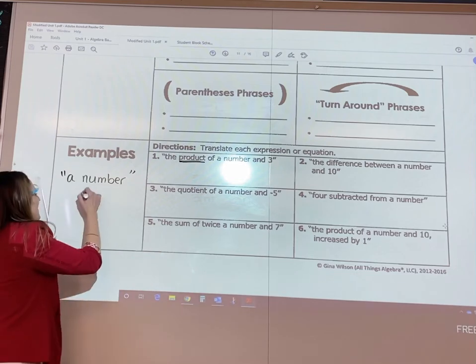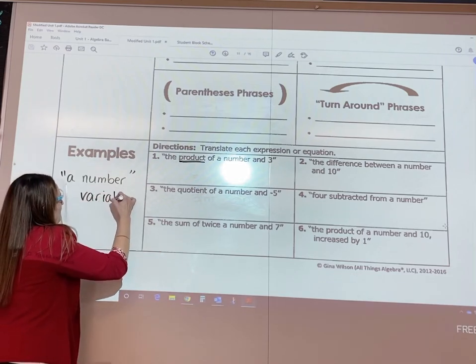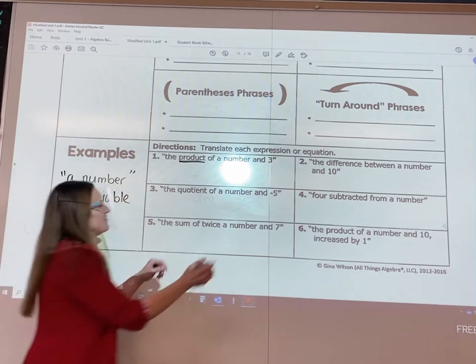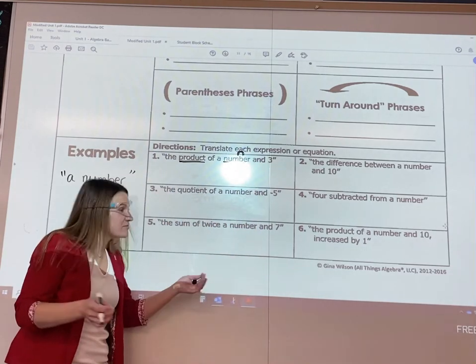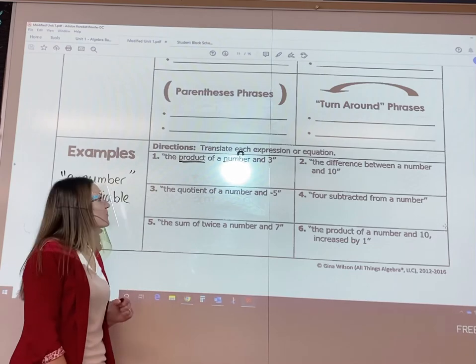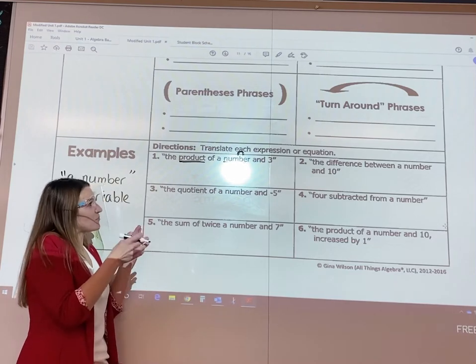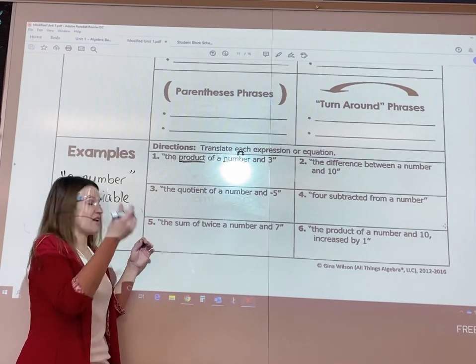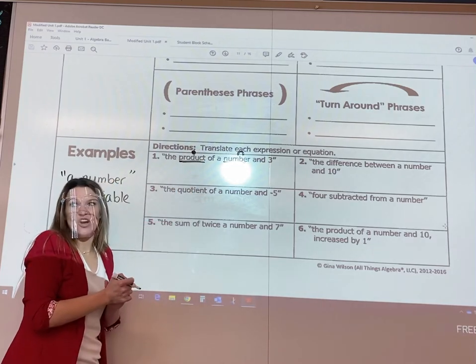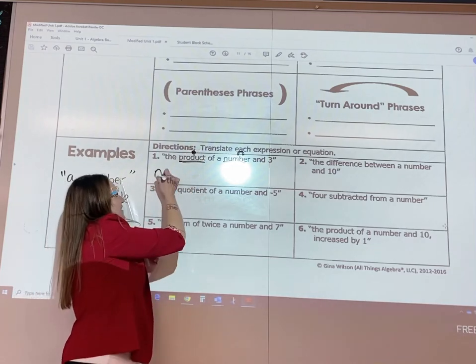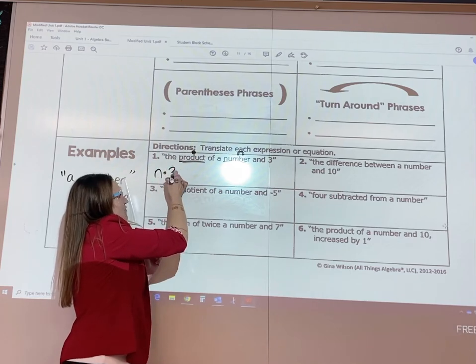Okay, perfect. So this is a variable. And for this, we're going to use the letter n. You could use any one you want, but we're going to use n for this one. So the product of a number n and 3, product tells me to multiply. So I know I have to show n times 3.